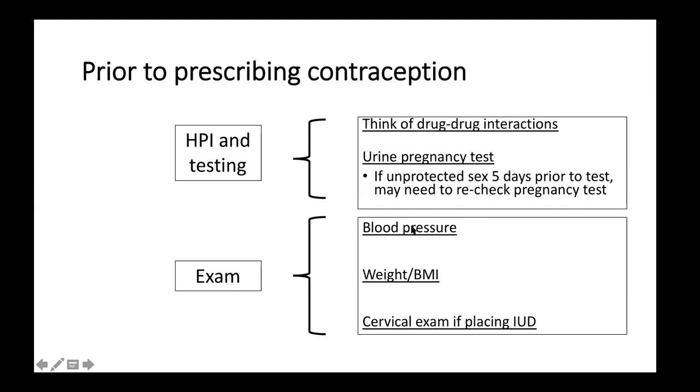Blood pressure is helpful, especially if you're going to be prescribing combined hormonal contraception. Actually, that's probably more necessary than just helpful. But then the other two, weight and BMI, may be helpful just in terms of anticipating potential weight changes with various forms of contraception. And then if placing an IUD, of course, doing a cervical exam.